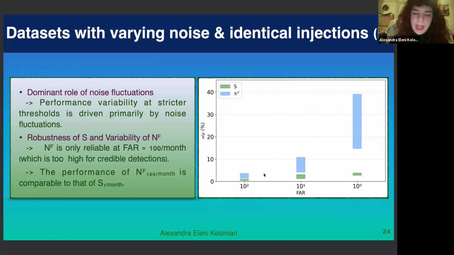However, we might be able to use the number of detected injections at a false alarm rate of 100 per month, but that is too high for credible detections. In fact, the performance of the number of detected injections at a false alarm rate of 100 per month is actually similar to that of the sensitive distance at a false alarm rate of 1 per month.